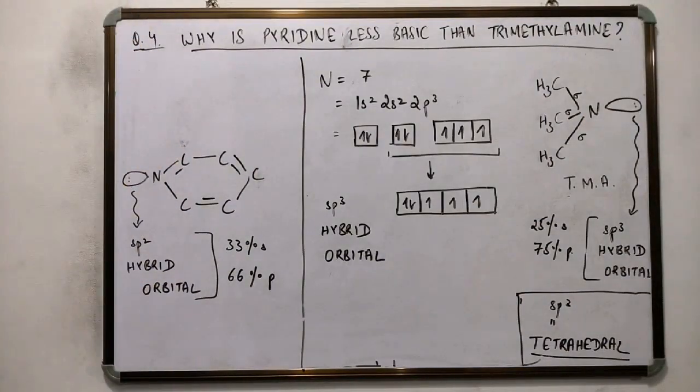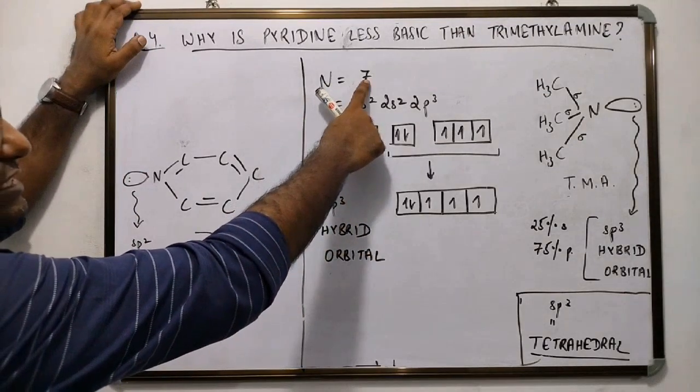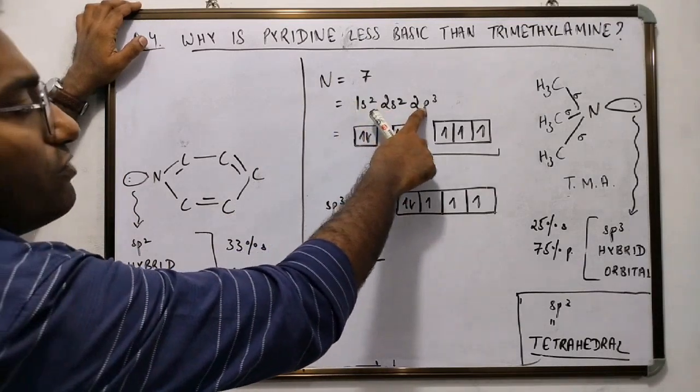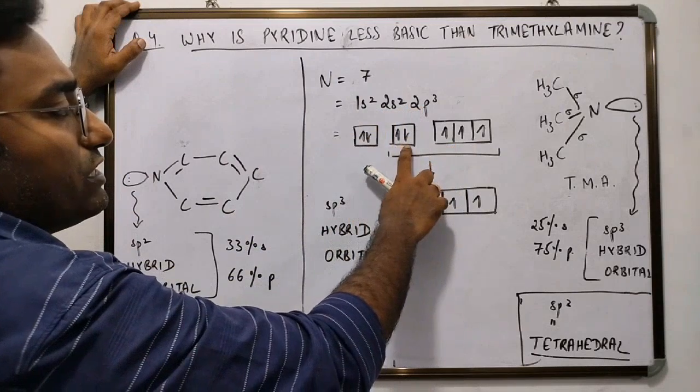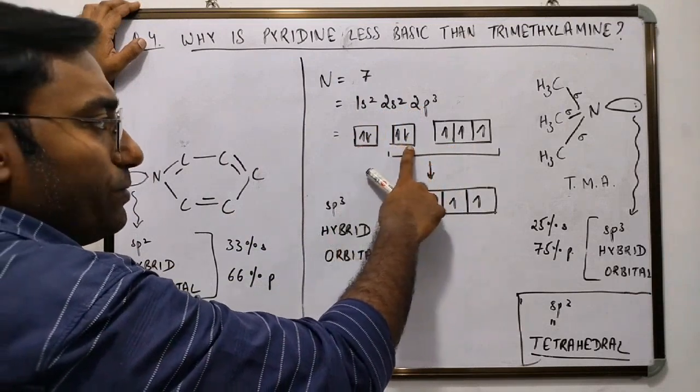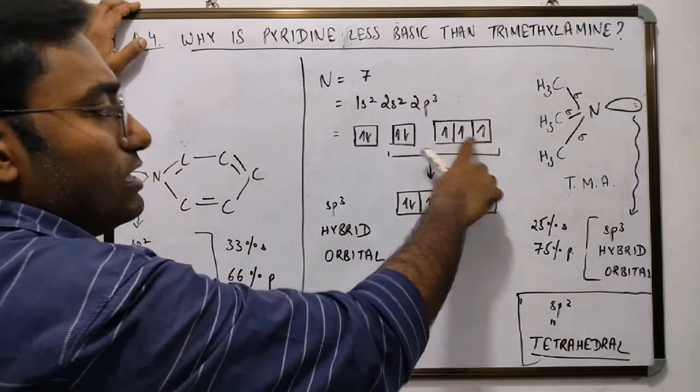Let us see how sp3 hybridization takes place in nitrogen. The atomic number of nitrogen is 7, and the orbital picture of its electronic configuration is 1s2, 2s2, 2p3.